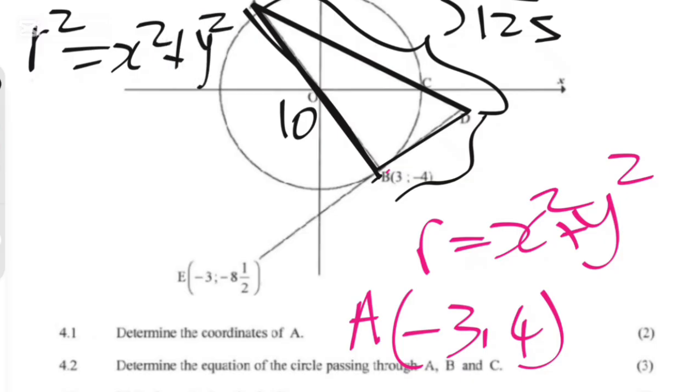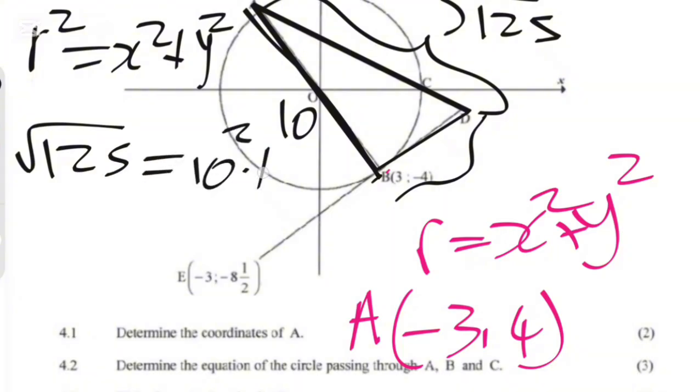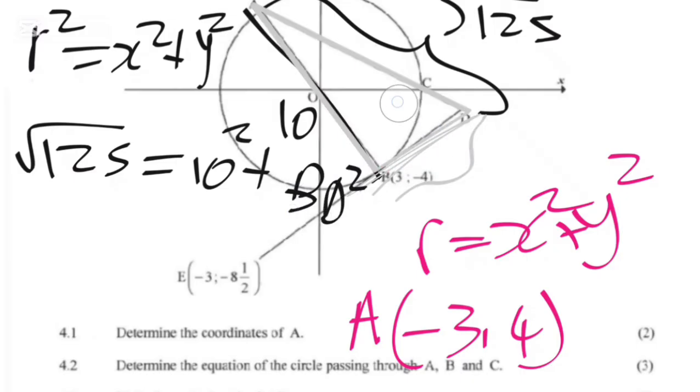So root 125 squared equals 10 squared plus BD squared. Now you solve for BD.